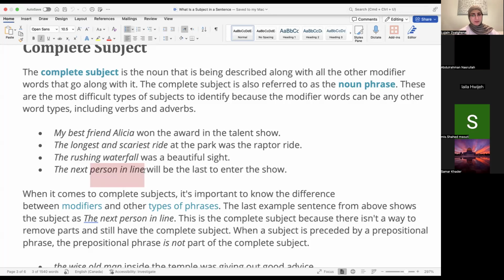You guys can Google it. Look it up, I'm gonna wait. Use your phone. Write "the next person in line." What is "in line"? Is it an adverb, an adjective, an object? Look it up.